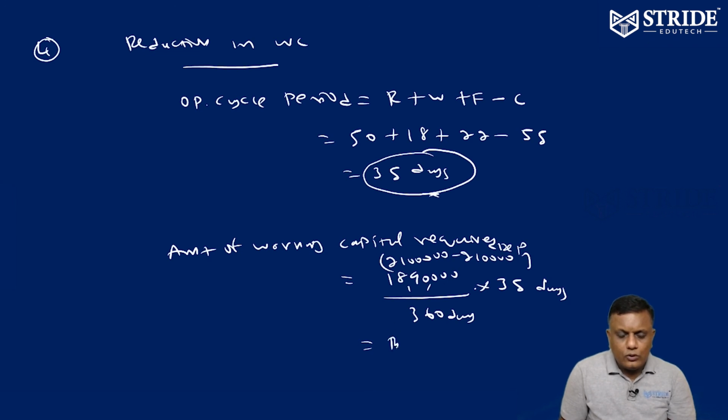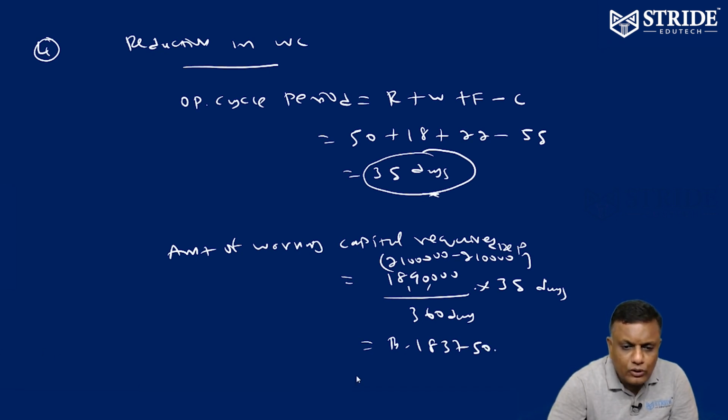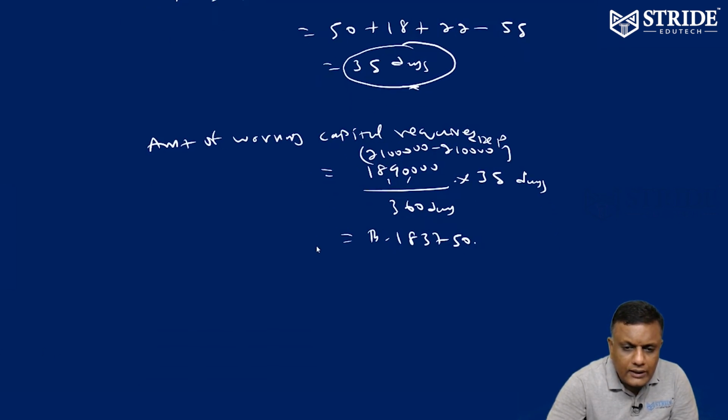So our answer is rupees 1,83,750. 1,83,750 is the amount of working capital.